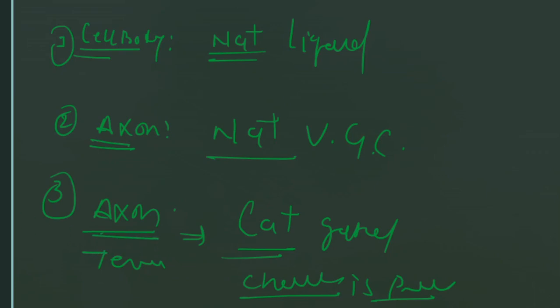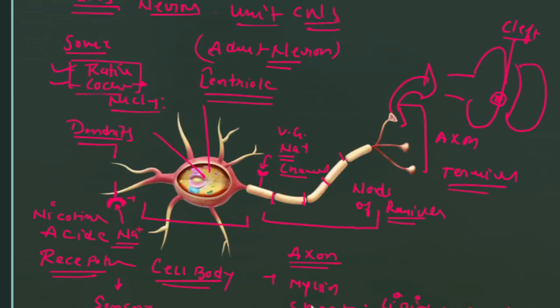So where is the actual location of these channels seen in this typical structure? When some signaling molecule interacts with this region, like this is the sodium, this will lead to changes in the membrane potential in the cell body region, and then generate an action potential in this region.